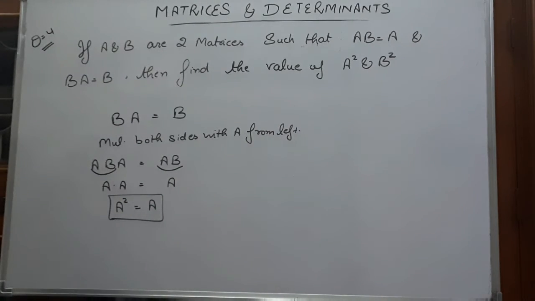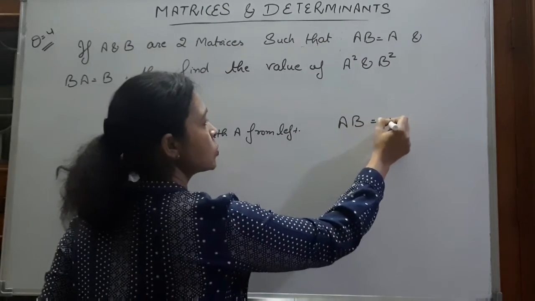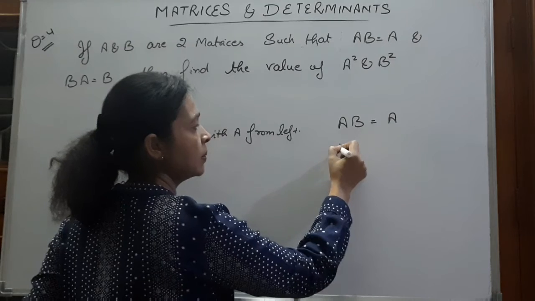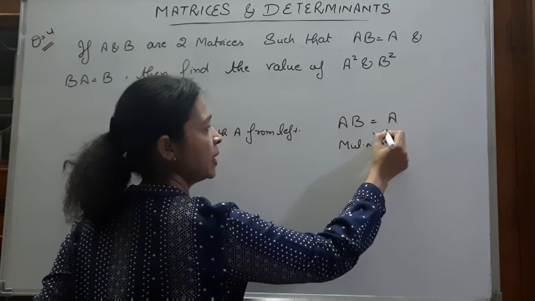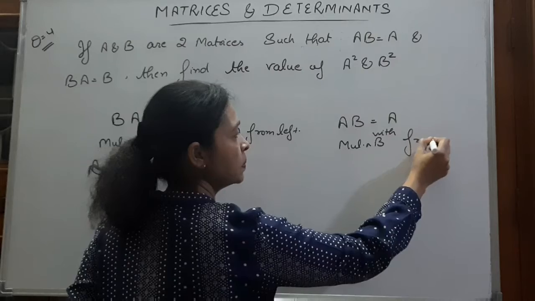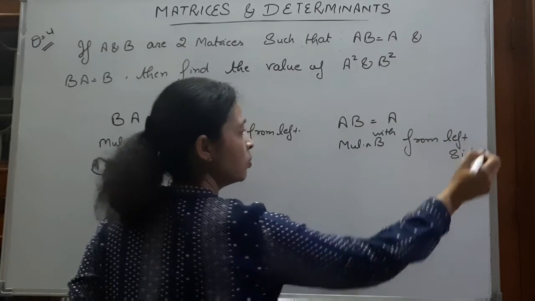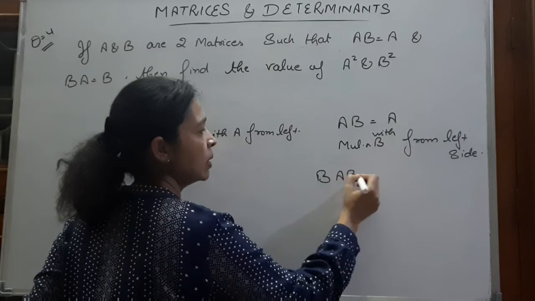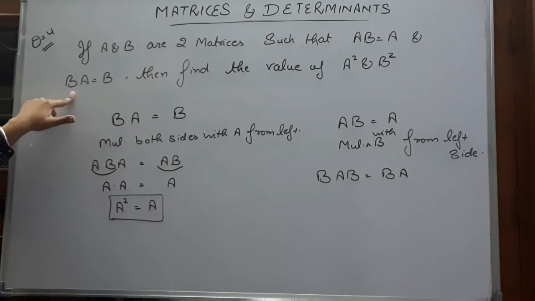Now, we have to find B square. Let's take AB equals A. Multiply both sides with B from the left side. B into AB equals B into A. What is BA?